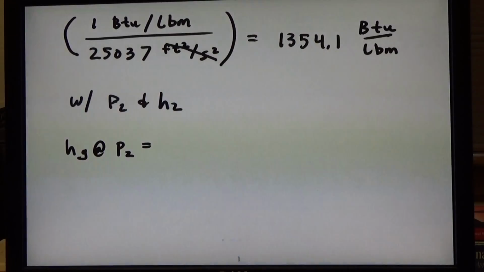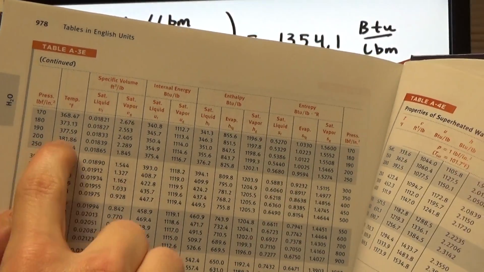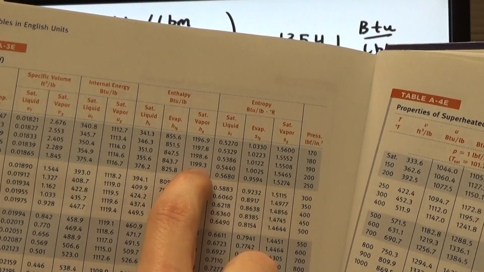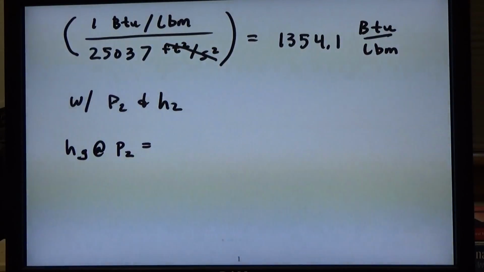Going to table A3E, that's the pressure table, and looking up H sub G at pressure P2, here is 200 psi, and if we read across to Hg, we see Hg is 1199.3. So our value of 1354 is bigger than Hg. That means at the exit we still have a superheated vapor or steam.